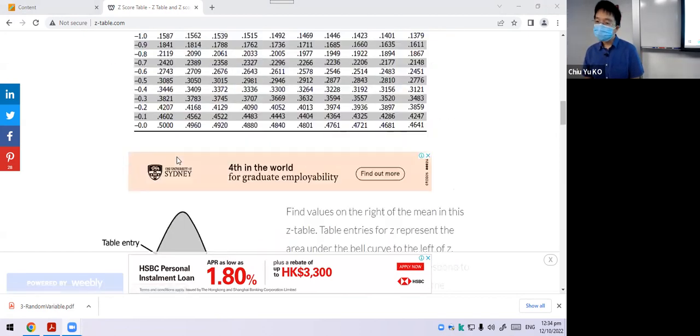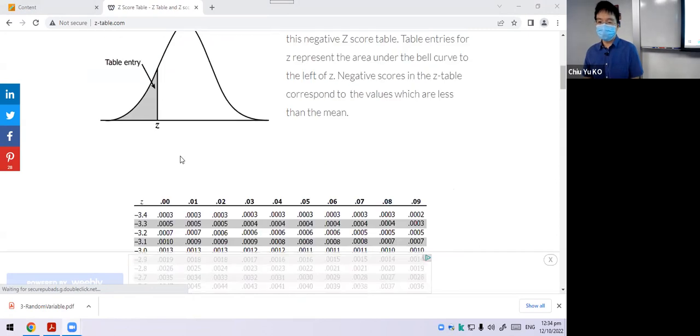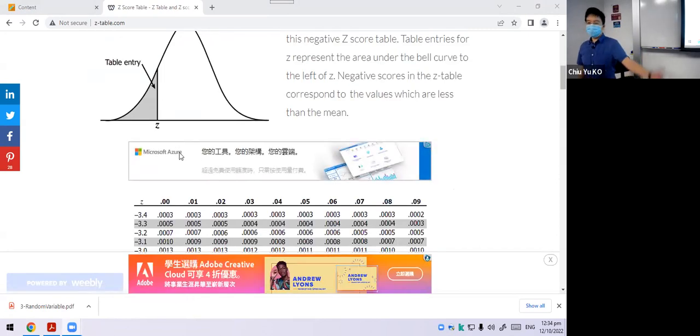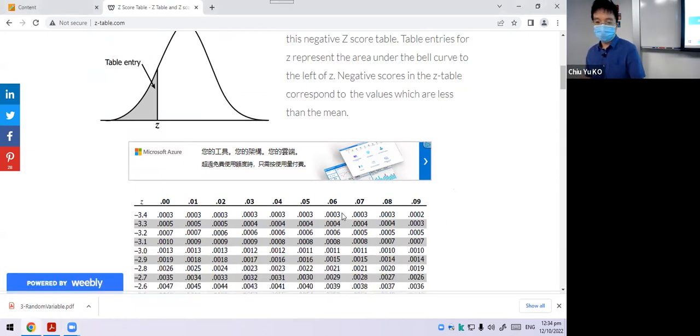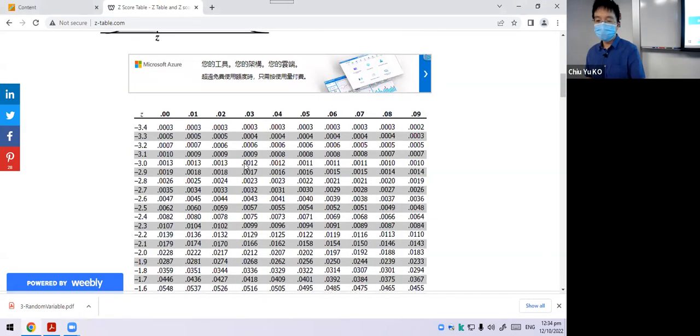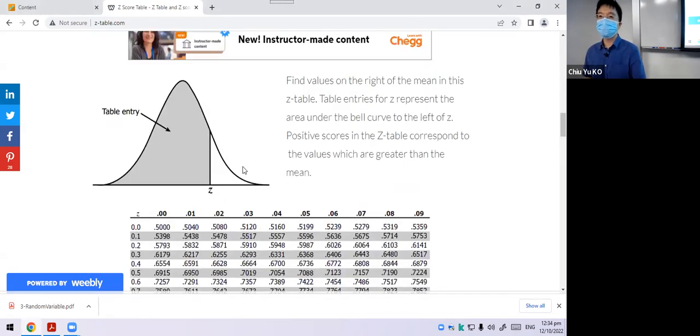Actually, if you use Excel, you don't need to distinguish because Excel gives you the answer directly. But if you go to a test where you can't use Excel, you can bring this table in, or bring this table in, also the same.